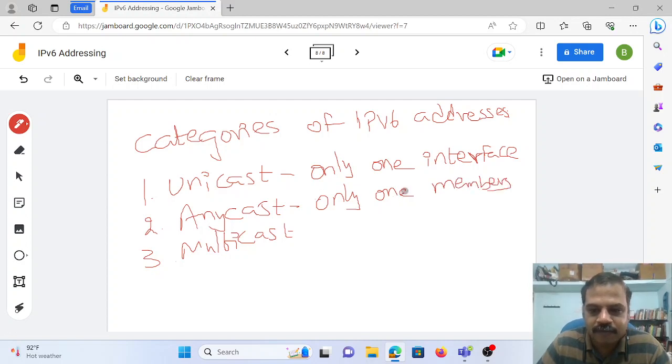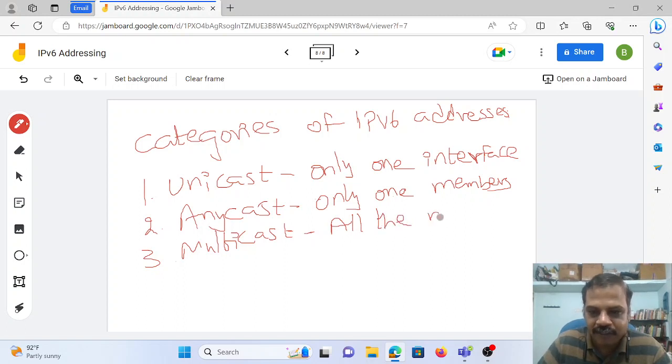This will be understood going further. Multicasting represents a group of systems and the data will be delivered to all the members of the group.